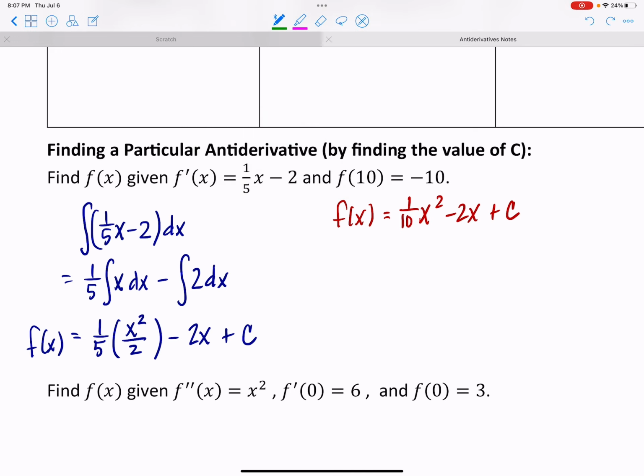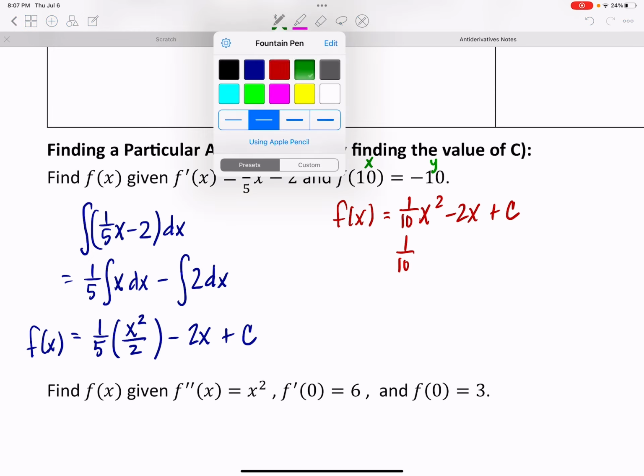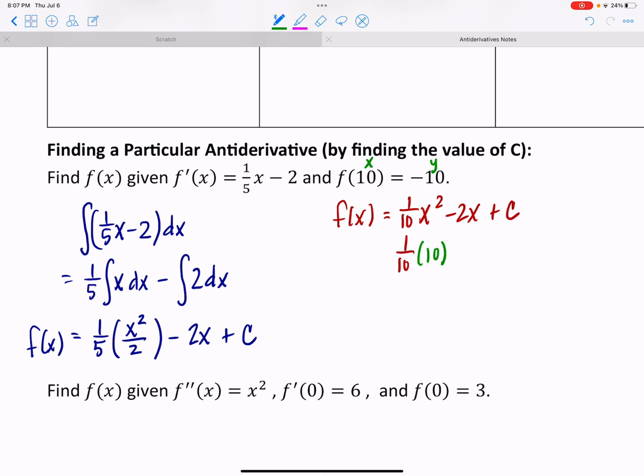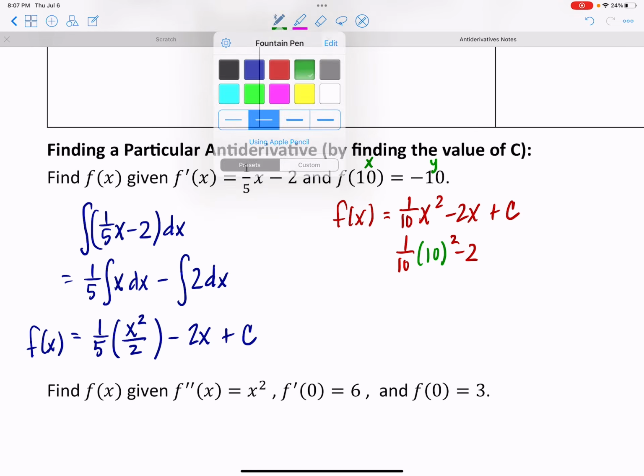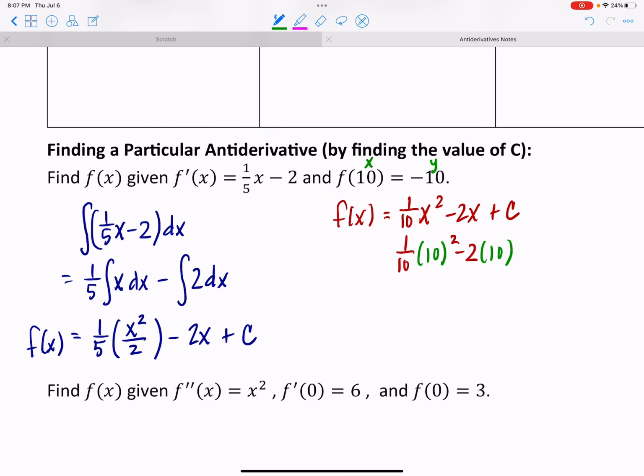If f of 10 is equal to -10, that means when I input 10 for x, my output should be a -10. So I'm going to do that. I'm looking at 1/10 times an input of 10 squared minus 2 times an input of 10 plus some constant that I have to try to find.